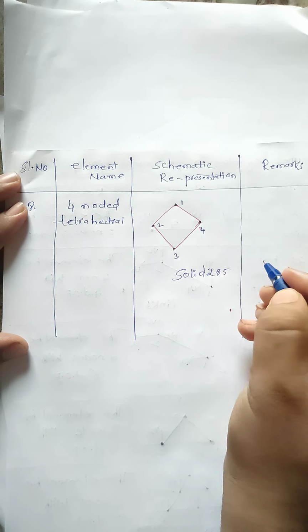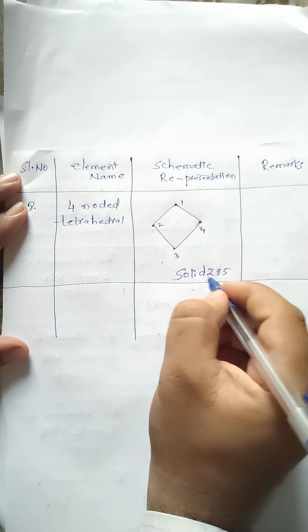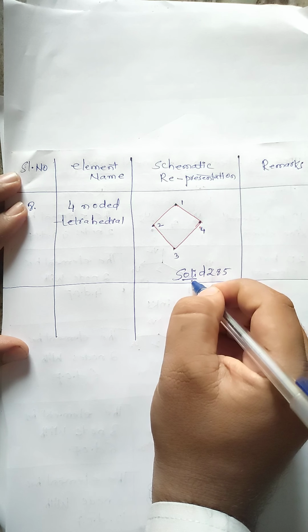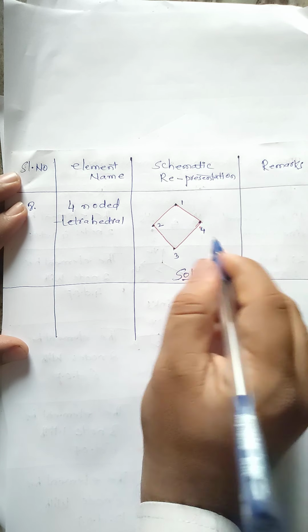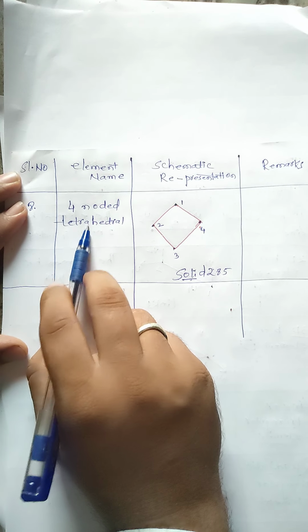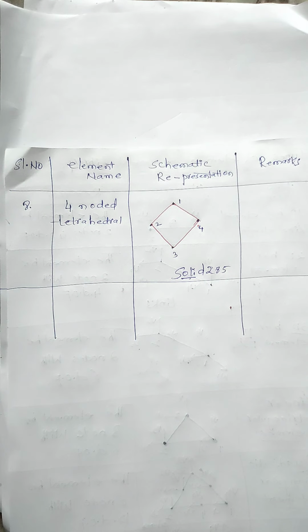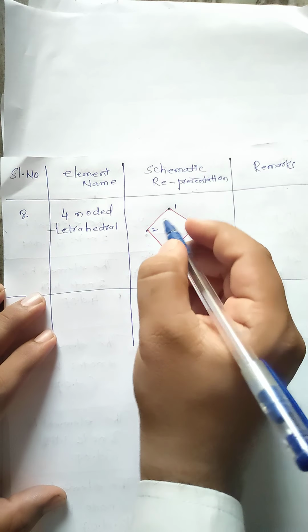So this is how a solid will be. Any body, if it is solid, can represent the x direction, y direction, as well as z direction. So this tetrahedral element is also a solid component. Okay, so that's what I am representing here.